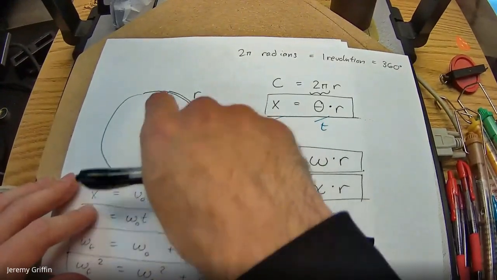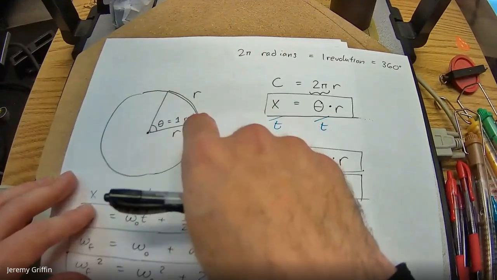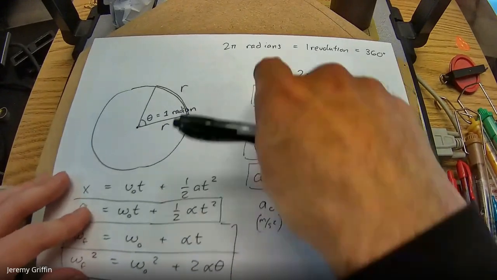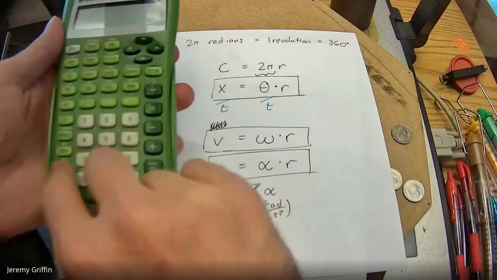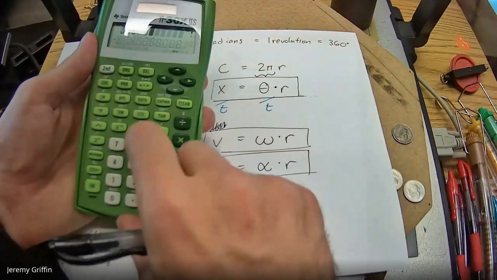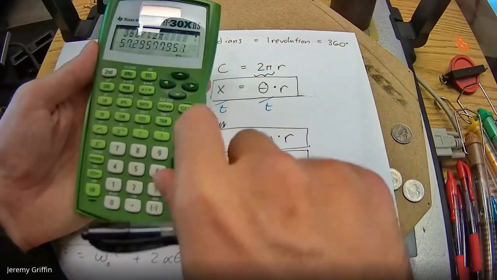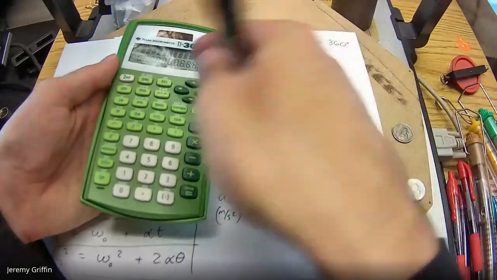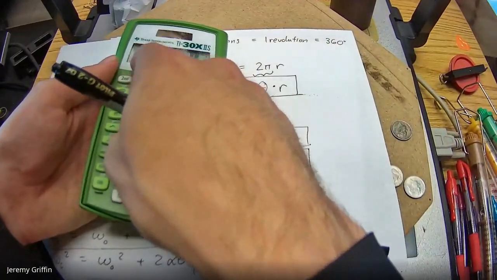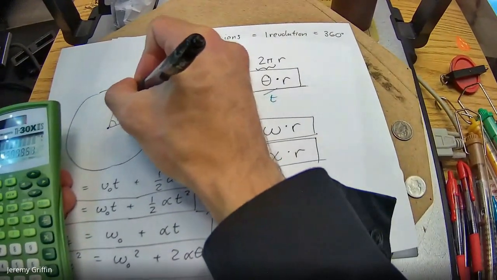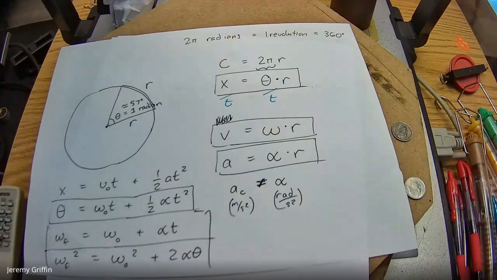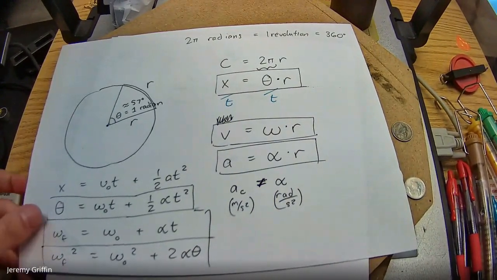Remember, I was asking you guys, one radian, how many degrees is that equal to? You remember how 360 degrees is equal to 2 pi radians? So what if you divide that? What is 360 degrees divided by 2 pi? Or you could go 180 over pi to do the same thing. You get about 57 degrees, 57.29, something. So this is approximately 57 degrees. So if you're wondering, what the heck is a radian? Well, if you think about 57 degrees, that's pretty close.